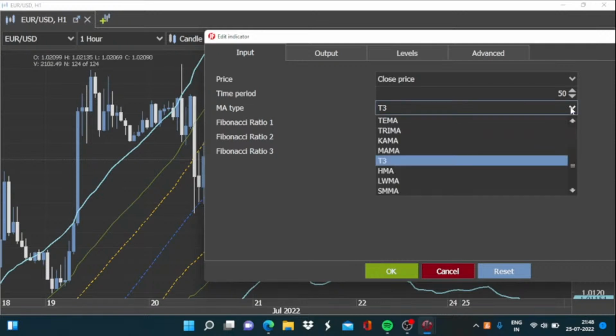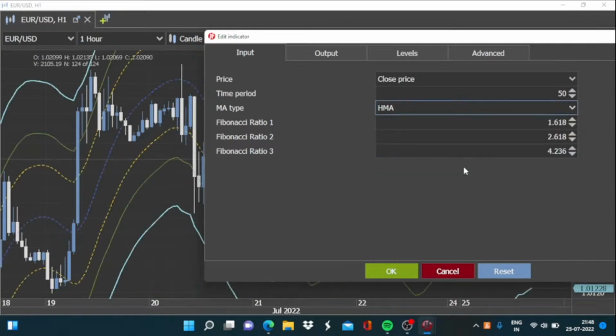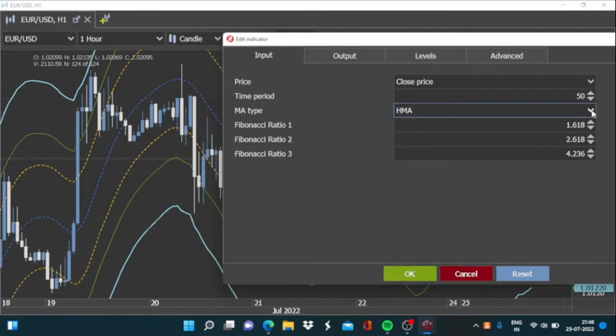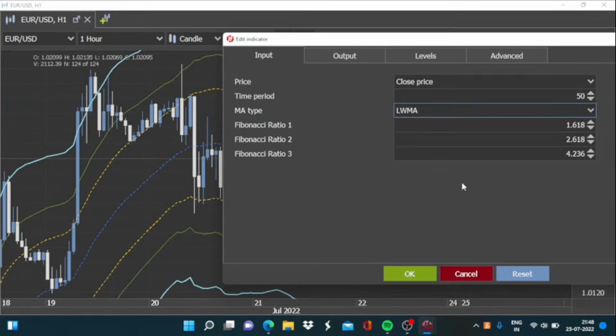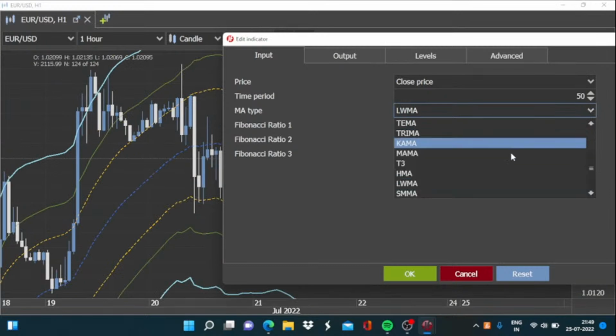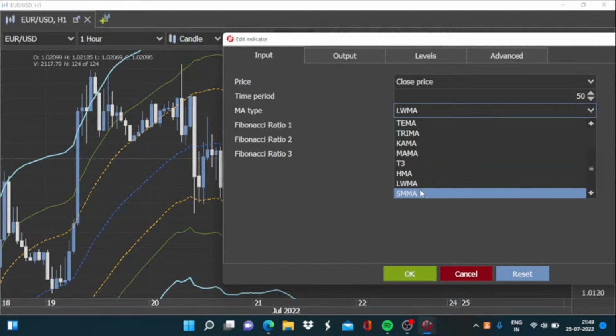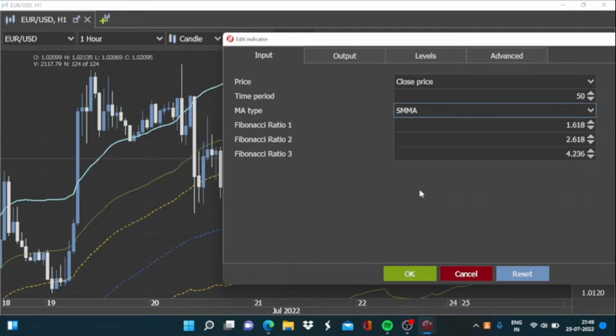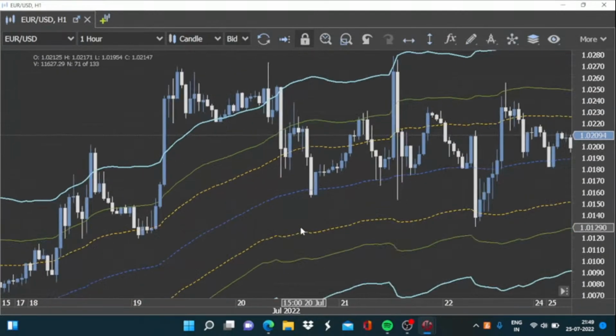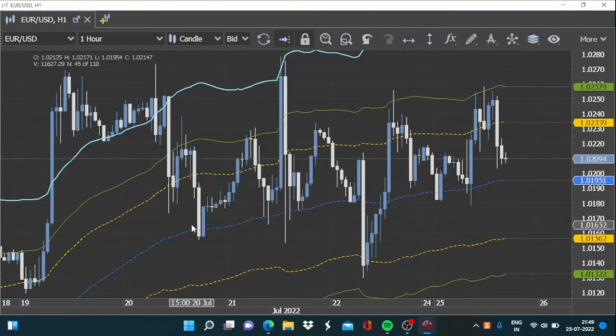So this is the MA type, HMA, the Hull moving average. It is a lot more responsive to the immediate price fluctuations. LWMA is a bit less responsive. Then we have SMA. So this is how the SMA based Bollinger Bands look. All right.